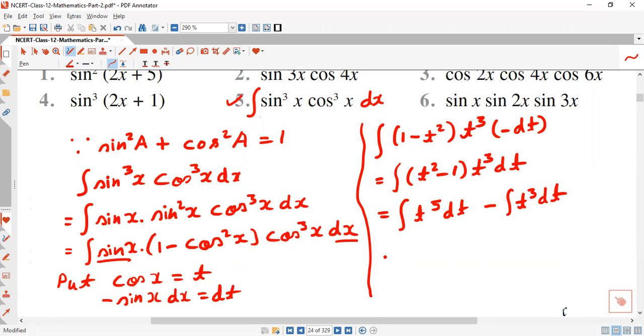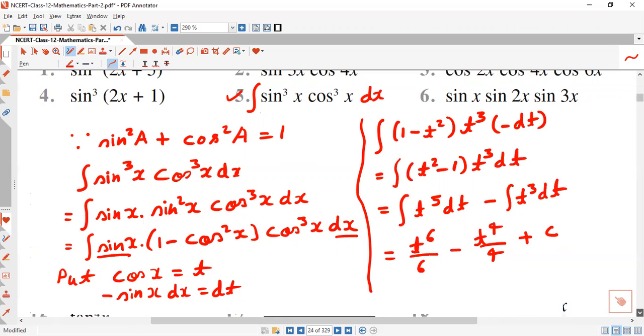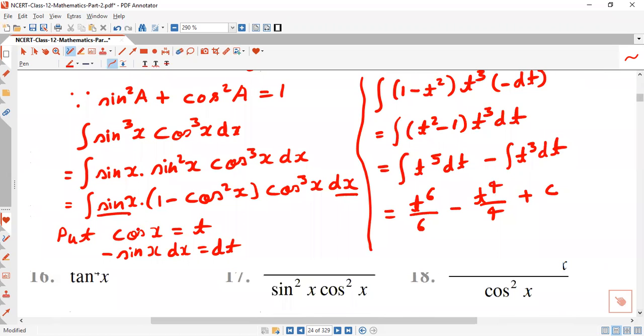If you take the integrations, you get t to the 6 upon 6 minus t to the 4 upon 4 plus some constant c. Now we put the value of t. In this question, we made cos x equal to t. So put the value of t here to get the answer.